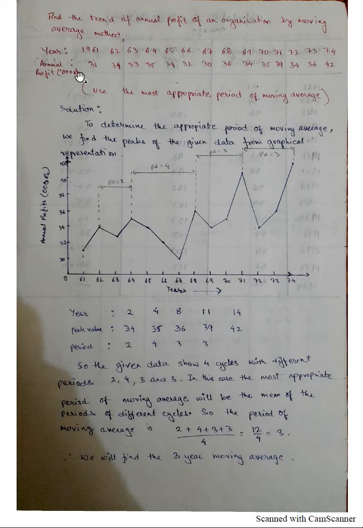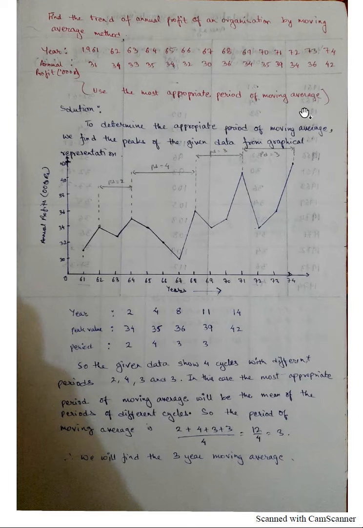Also the annual profits are given in 1000 rupees: 31, 34, 33, 35, 34, 32, 30, 36, 34, 35, 39, 34, 36, and 42. And we are further told to use the most appropriate period of moving average.